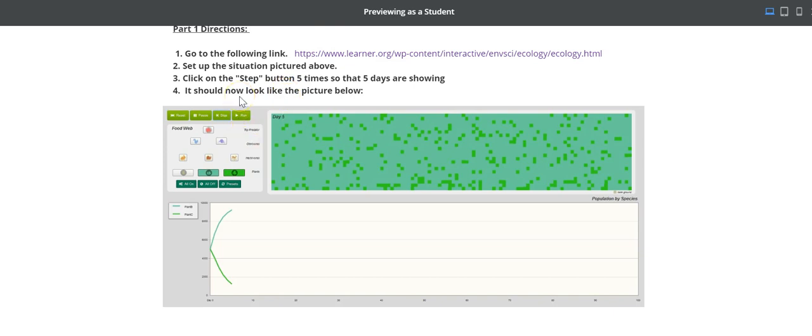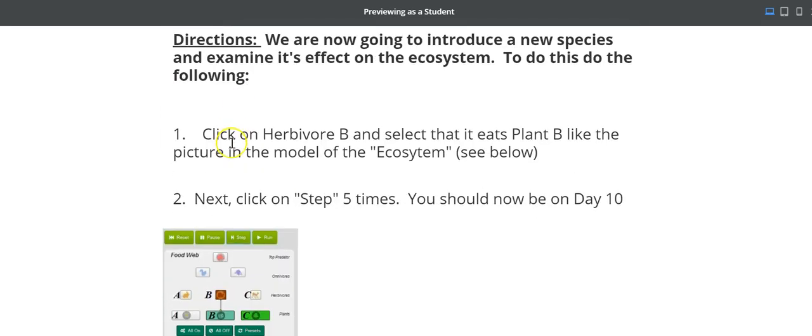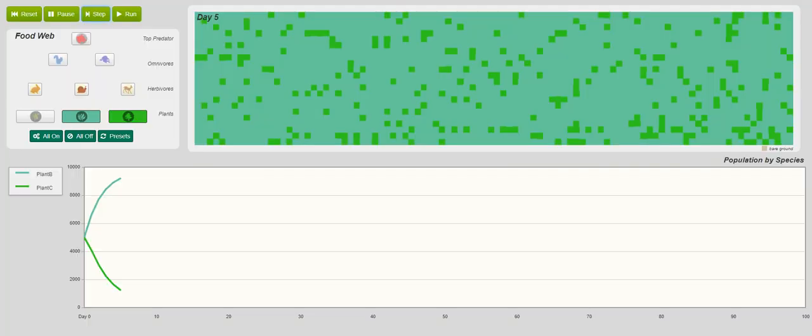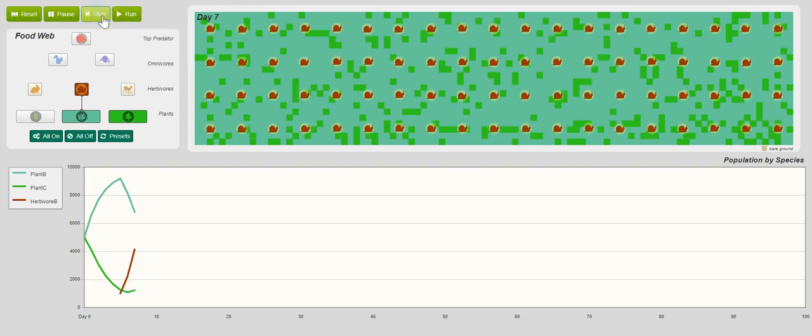You're then going to add 1 more species to it, in this case herbivore B, which eats plant B. Again, I'm going to go ahead 5 days. We're at day 5, and we're going to move ahead 5 days.